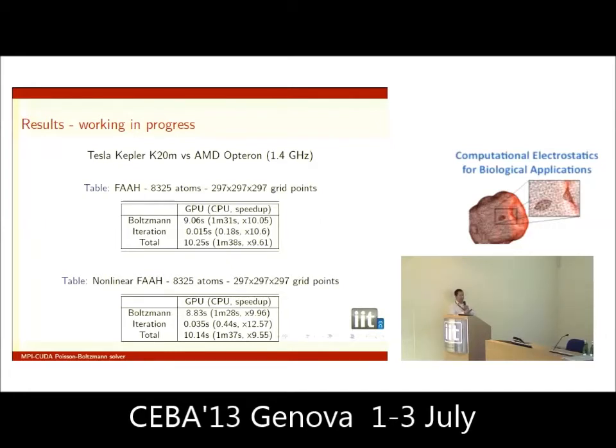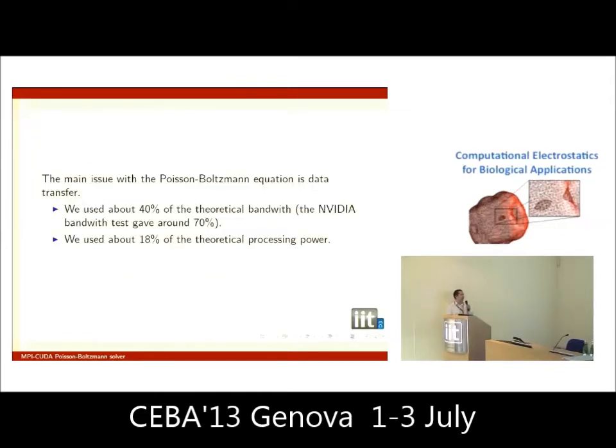We got about the same speed up for the linear and non-linear equation, all done fully on the GPU. For example, the NVIDIA bandwidth test on the Tesla card we used gave around 70% of the theoretical bandwidth.